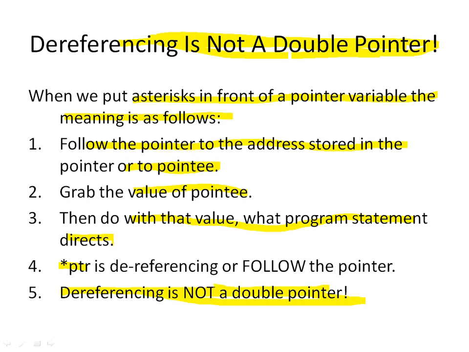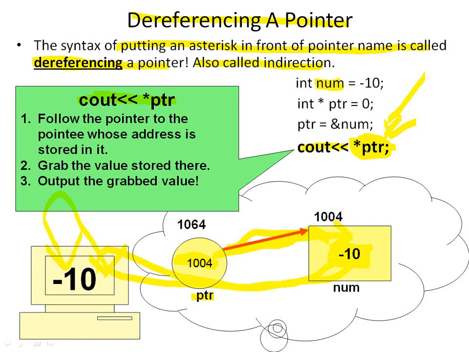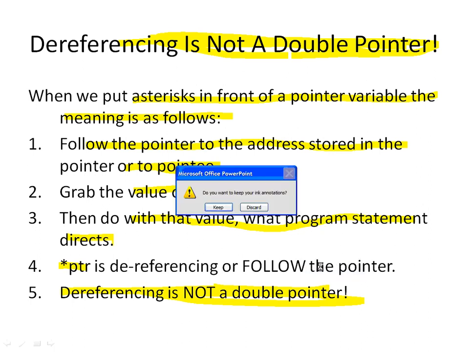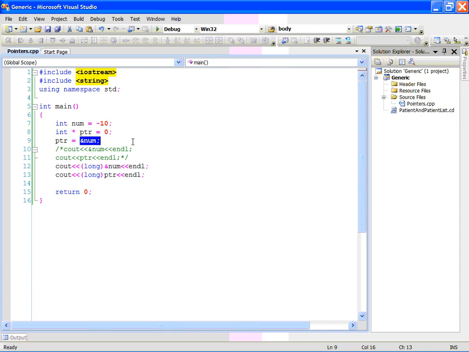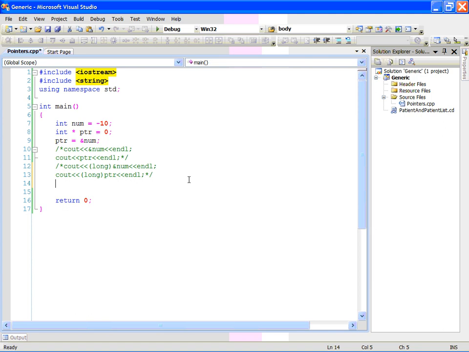Okay. So in the previous slide, I showed you how this outputs the value to the console. Let's take a look at it in Visual Studio. So I'm going to comment this out because I've already seen it. Let me actually print out the value of pointee num through the dereferenced value of pointer ptr.